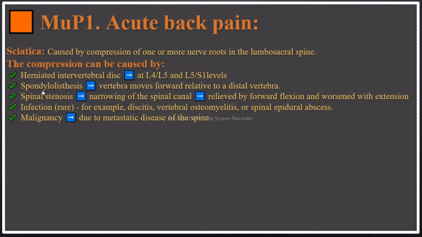So it's called spondylolisthesis. Spinal stenosis means narrowing of the spinal canal. And this one is relieved by forward flexion and worsened with extension. So if the patient has any symptoms and you ask him or it is mentioned in the scenario relieved by forward flexion, worsened with extension, so it's a spinal stenosis.